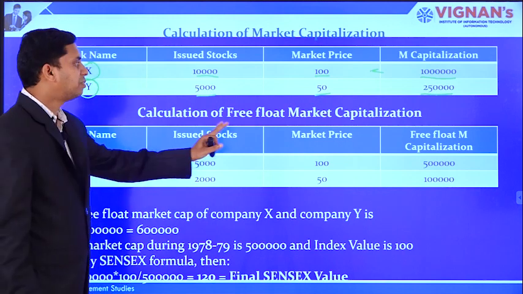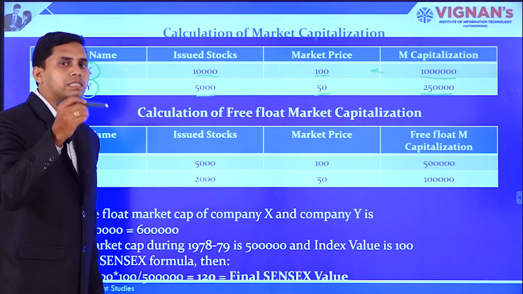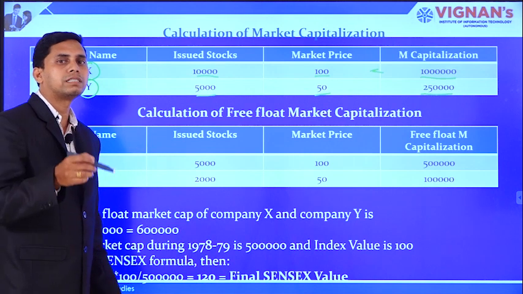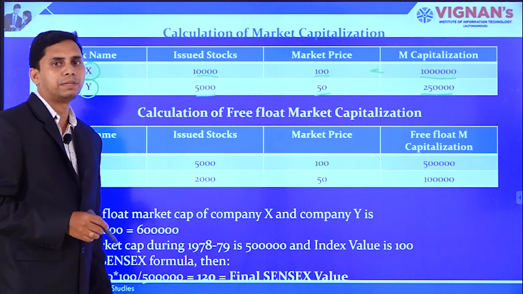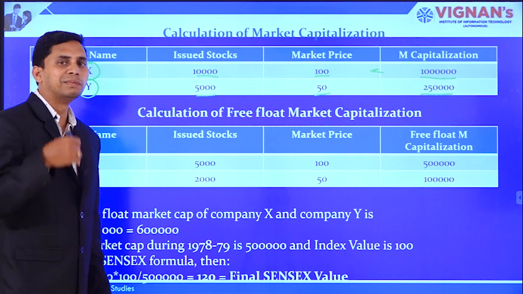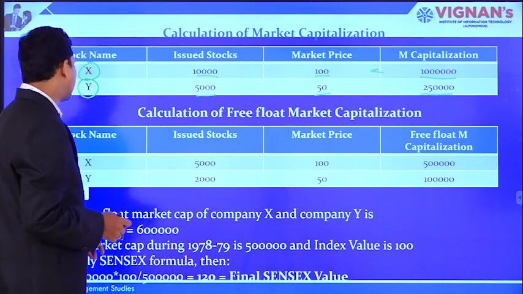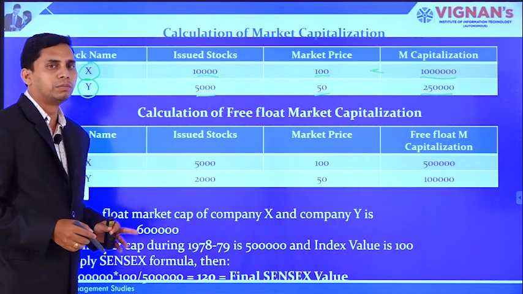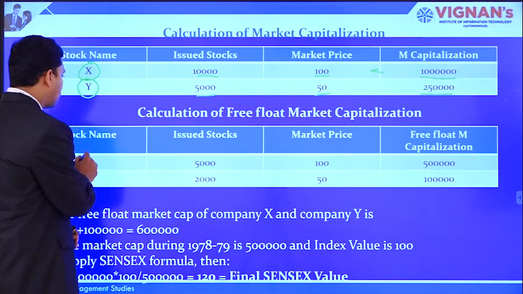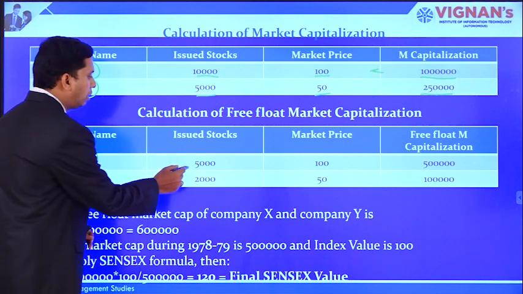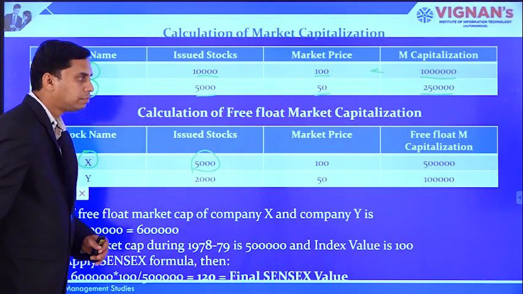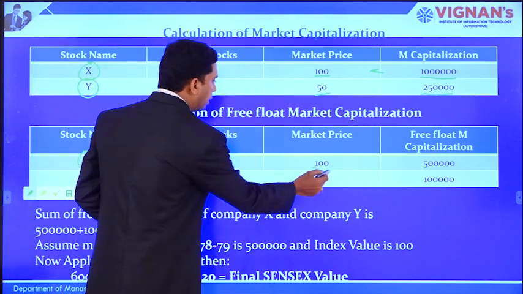Now the calculation of free float market capitalization, because Sensex is now calculated based on the free float market capitalization method. That is why we must consider only the free float shares. For X, the free float shares are only 5,000 and the market price is 100.